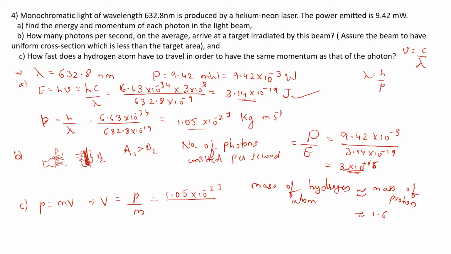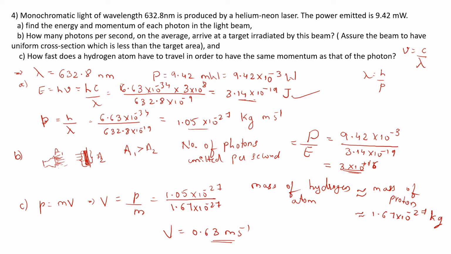That is 1.67 into 10 raised to minus 27 kg. So what we need is the mass of hydrogen atom or mass of proton, 1.67 into 10 raised to minus 27. Calculate these two, and you will get the velocity as 0.63 meter per second.